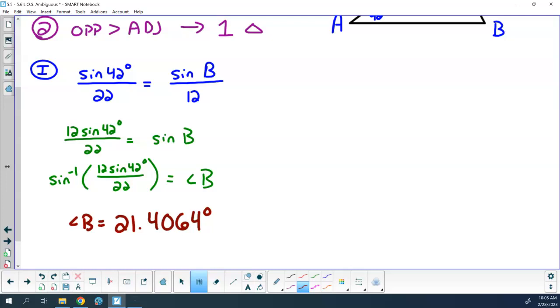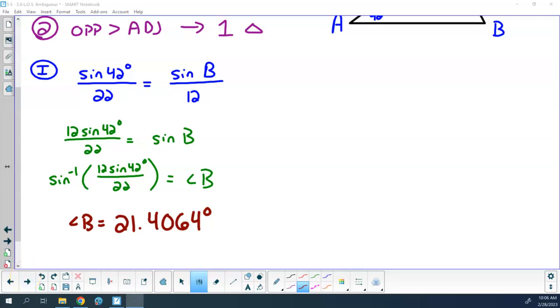We'll tell you what to round to, but because we're going to use this later on, I keep it. Round to at least 4 for right now. Everybody in agreement with that?